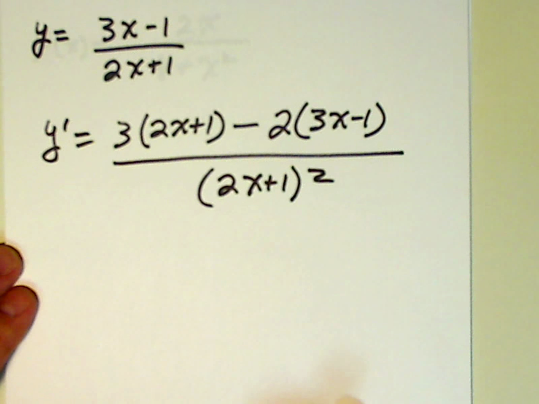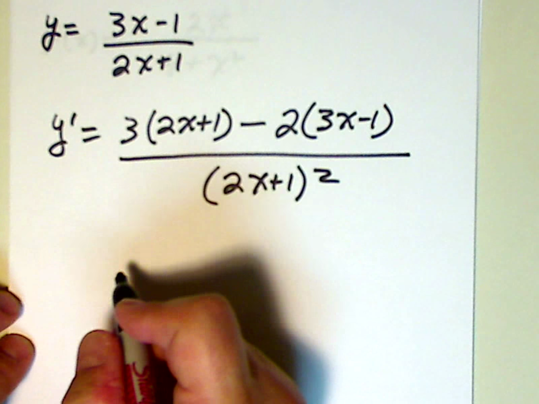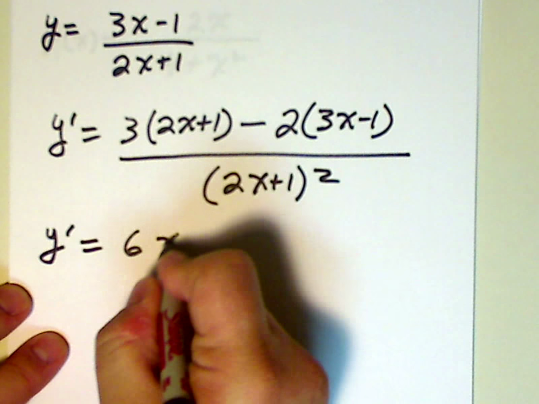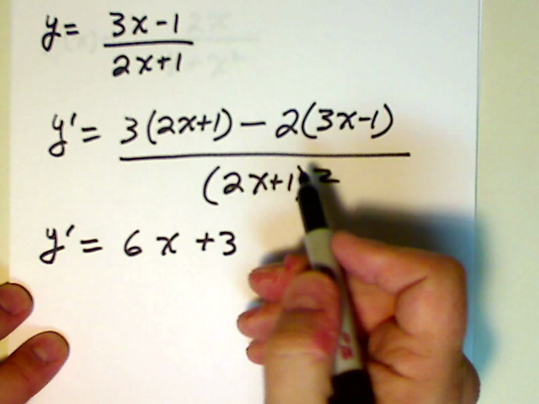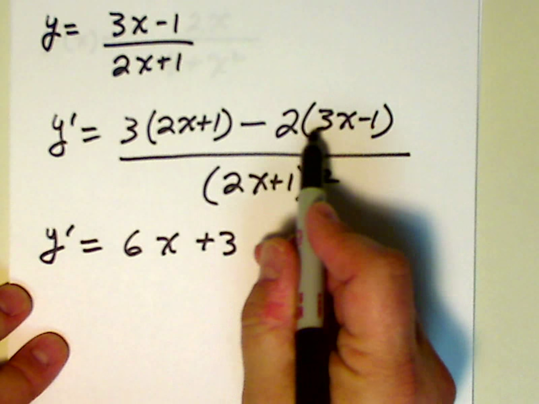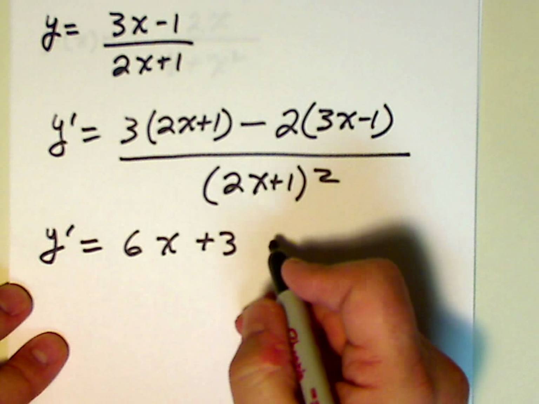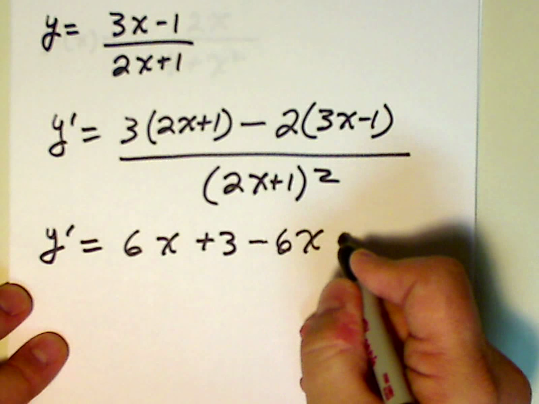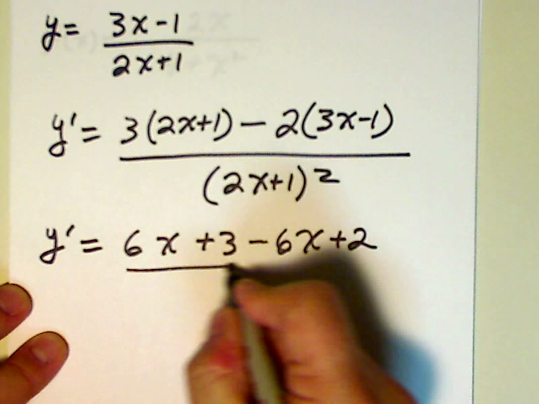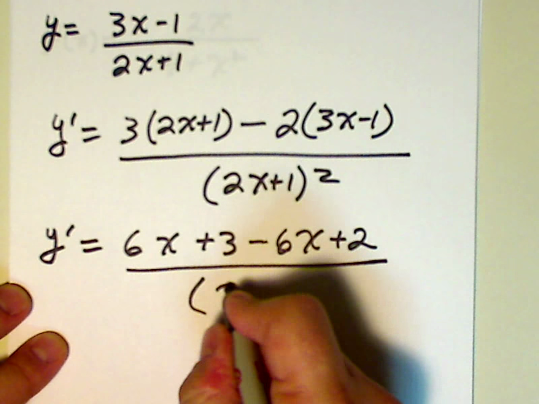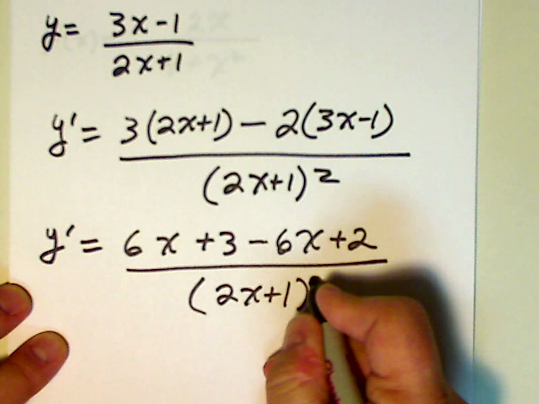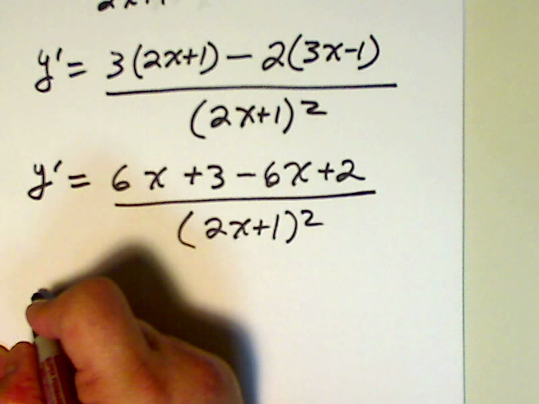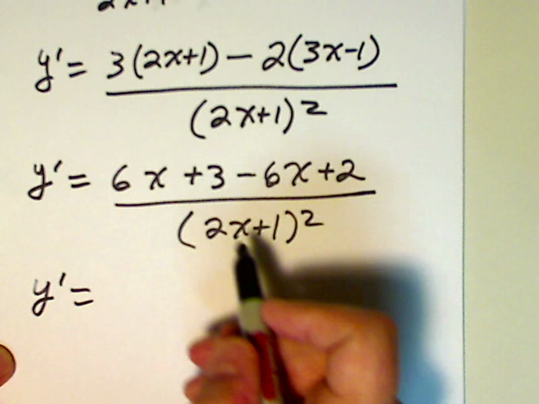Okay, well, now it's just a little bit of junior high school algebra. Y prime is equal to 6x plus 3. We're distributing the minus sign with this. Don't forget to do that. Minus 6x, oops, plus 2, divided by 2x plus 1 squared. And now, well, we can pretty much finish it up here.